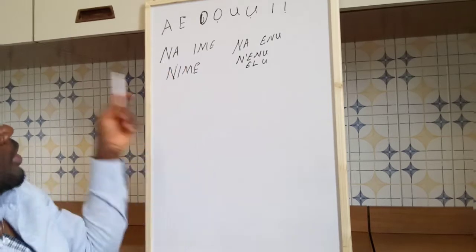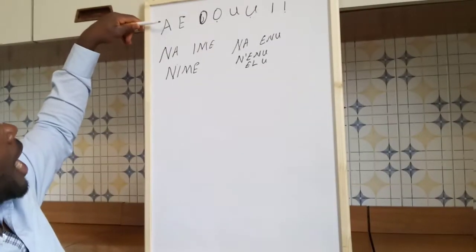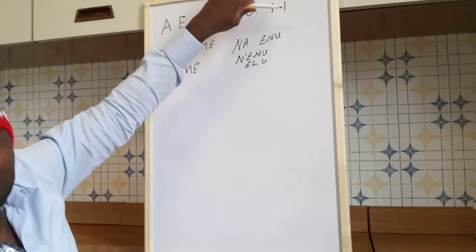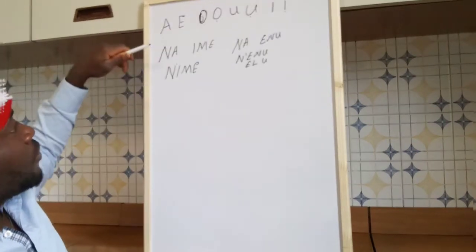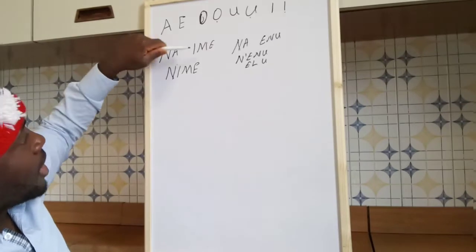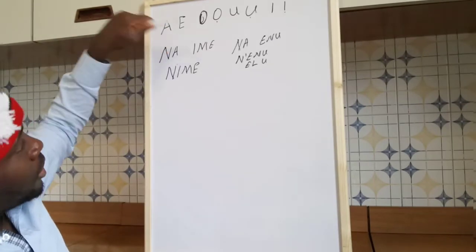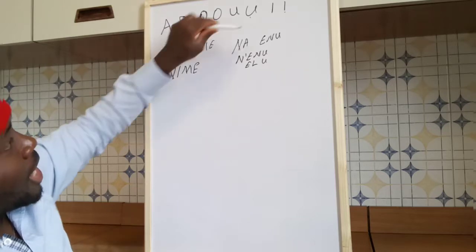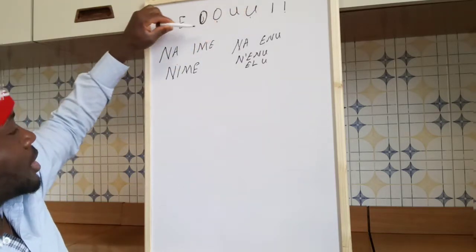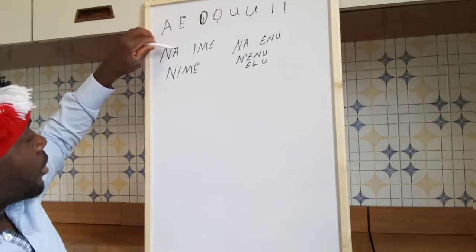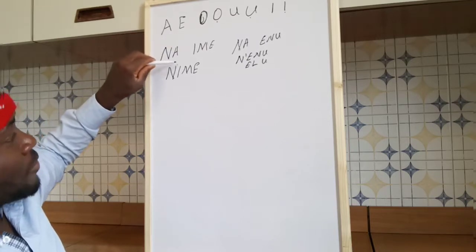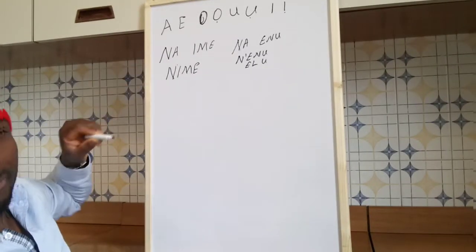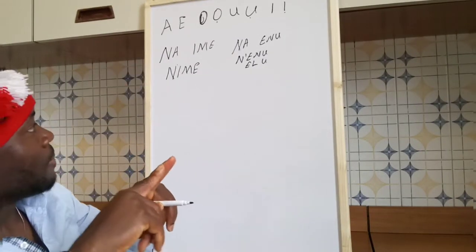So for example, you see the vowel sounds A, E, O, U, I. If you want to write "na ime", since A and I are two vowel sounds, you remove the first one, and you put a hyphen on top, and it will become nime, because two of them don't go together.